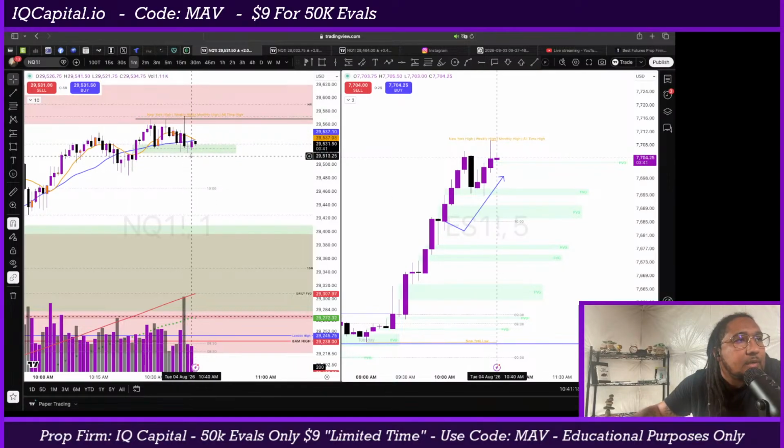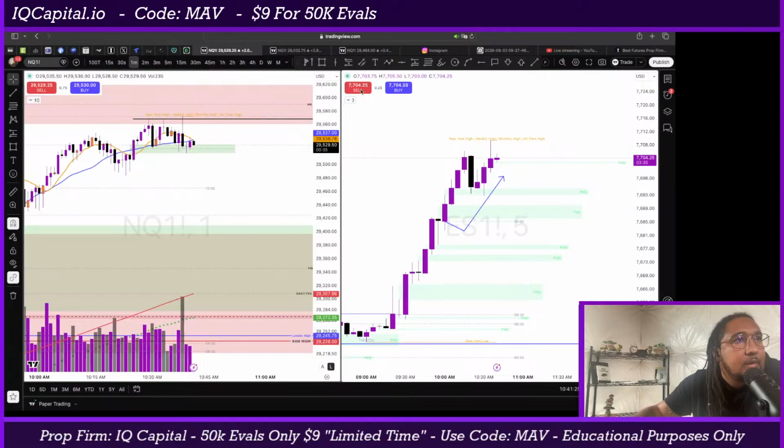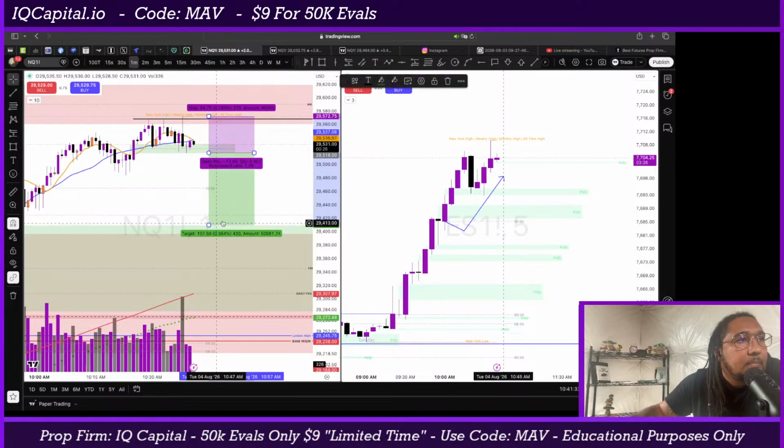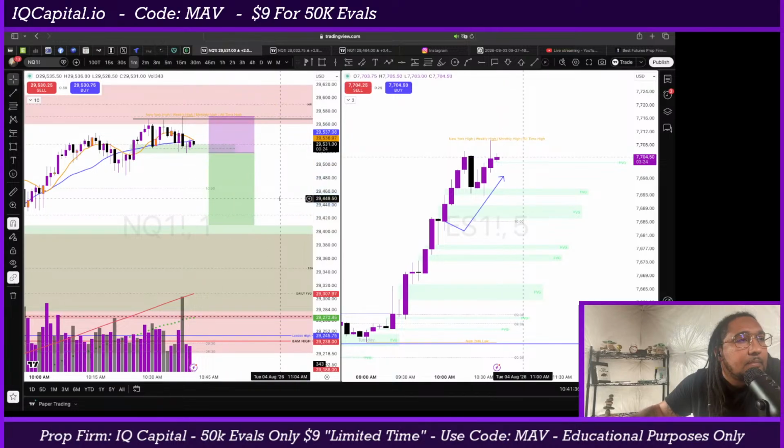We broke below that low. So this high should be protected here. I'm just waiting to see if we can close below here, and we may be getting into a short here on NQ.